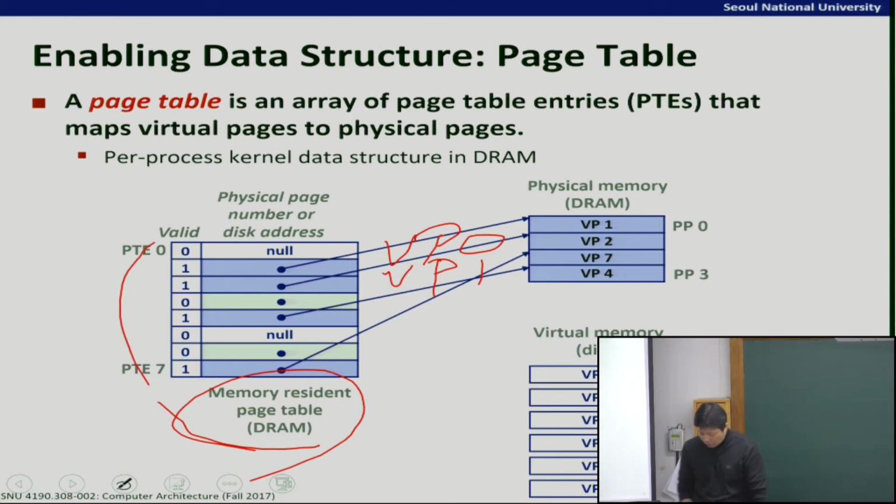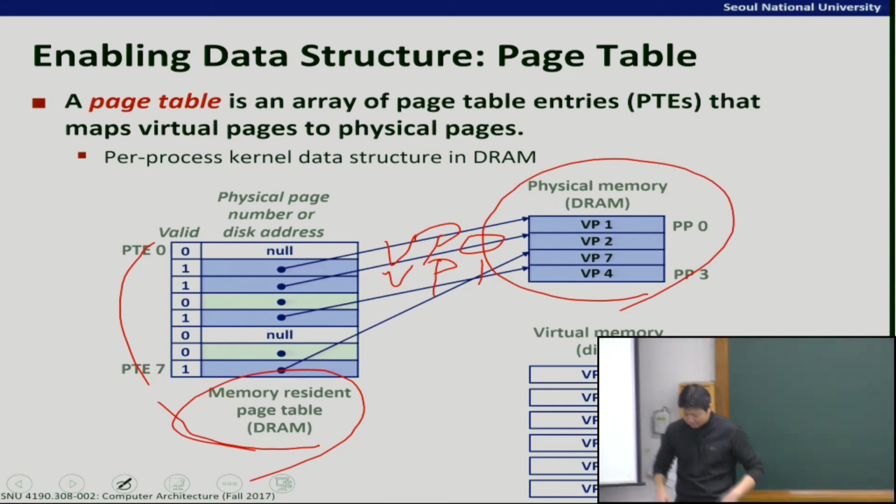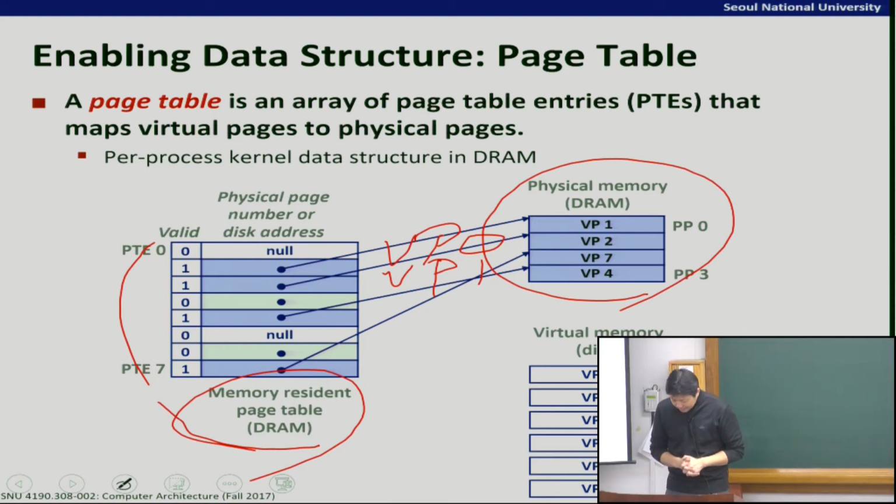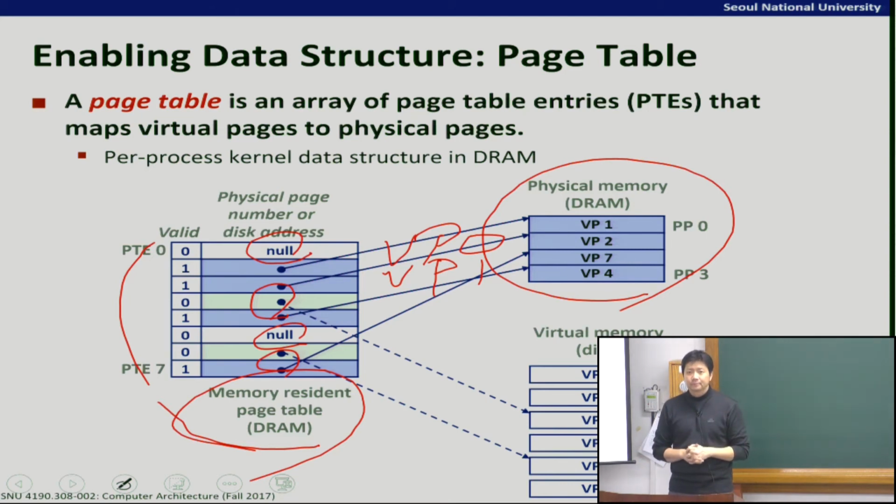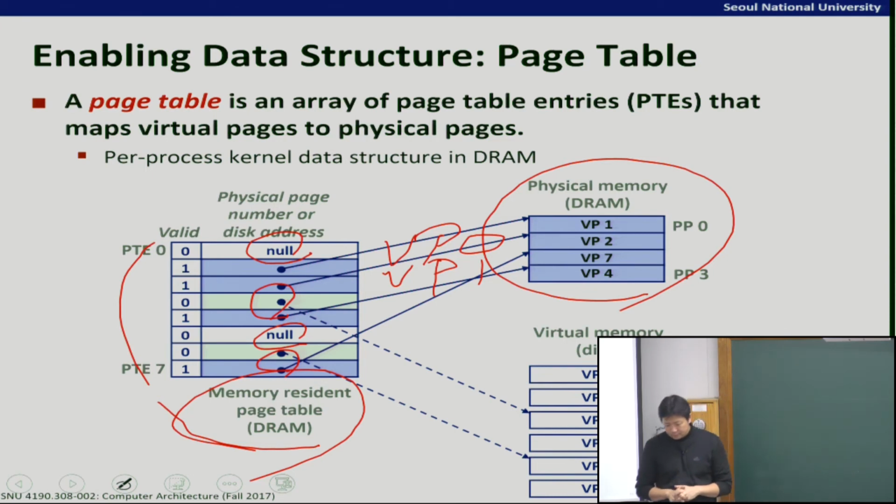Among these 8 pages, 4 pages are currently cached in the DRAM, shown in blue, and 2 pages are currently on disk. The other 2 pages are not being used. They are unallocated.